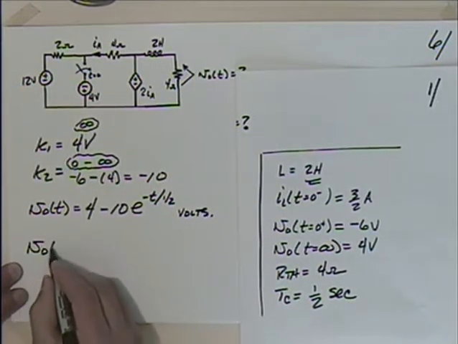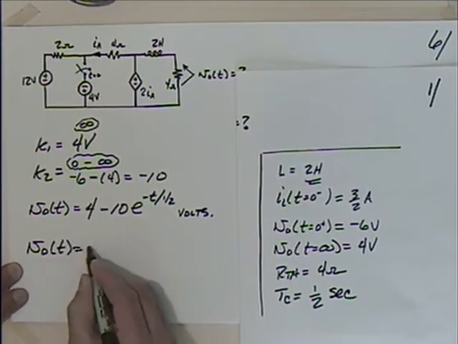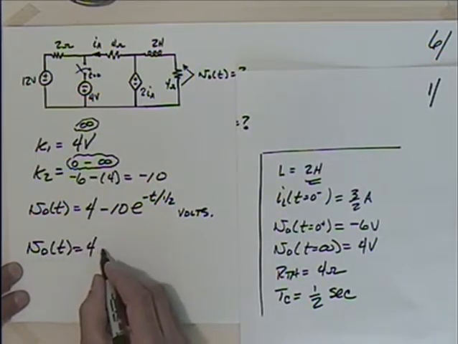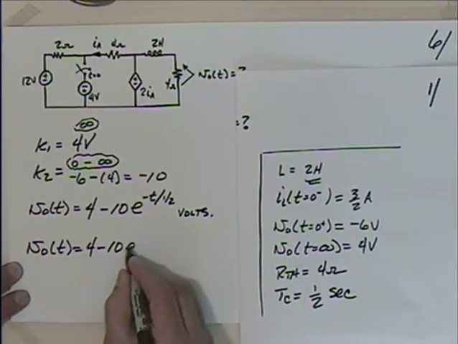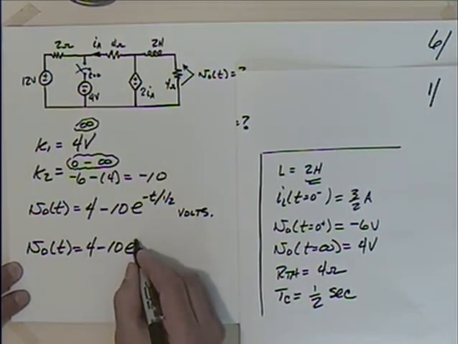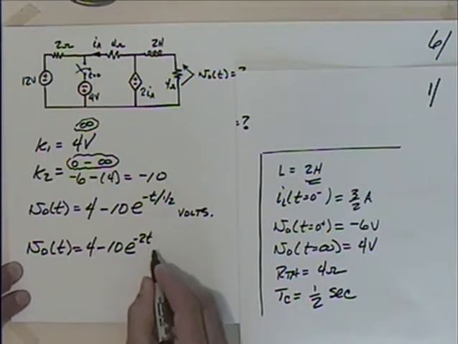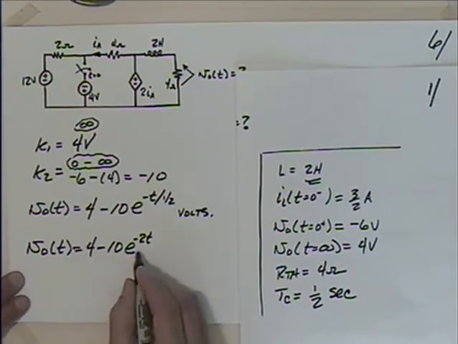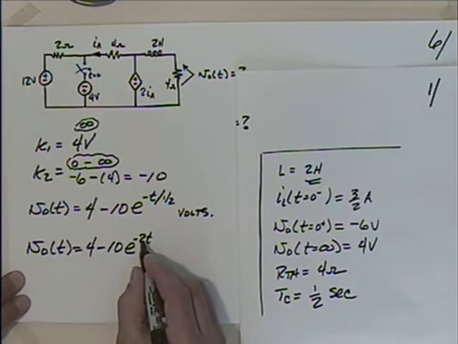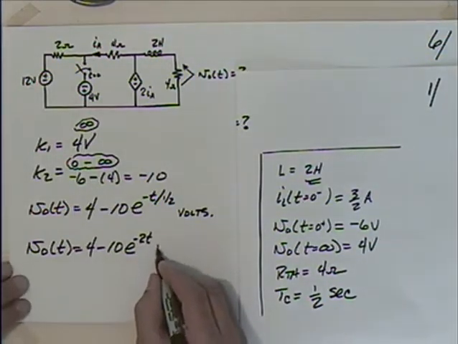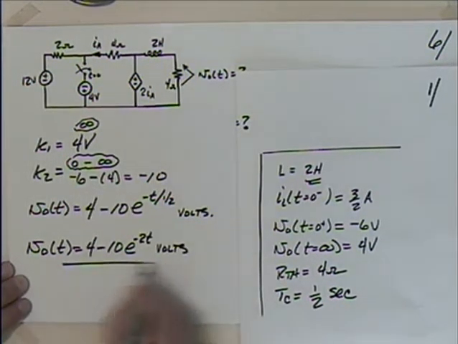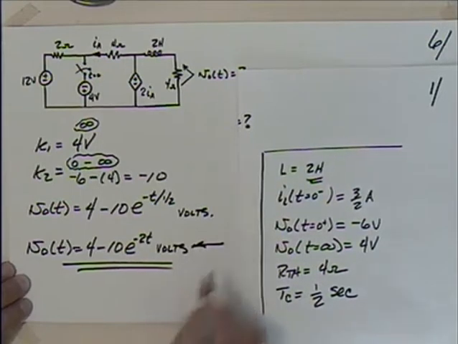Our final answer is 4 minus 10 e to the minus, half in the denominator, so 2 in the numerator, 2t. So 4 minus 10 e to the minus 2t volts.